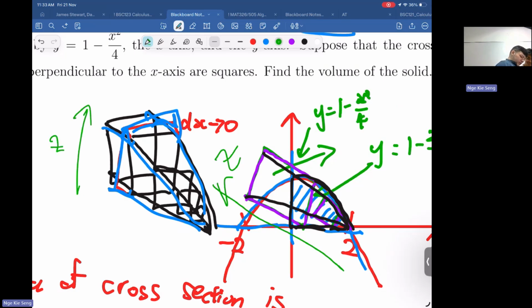What shape is this? You have this height, right? And then you use this height to put a square on top of it.